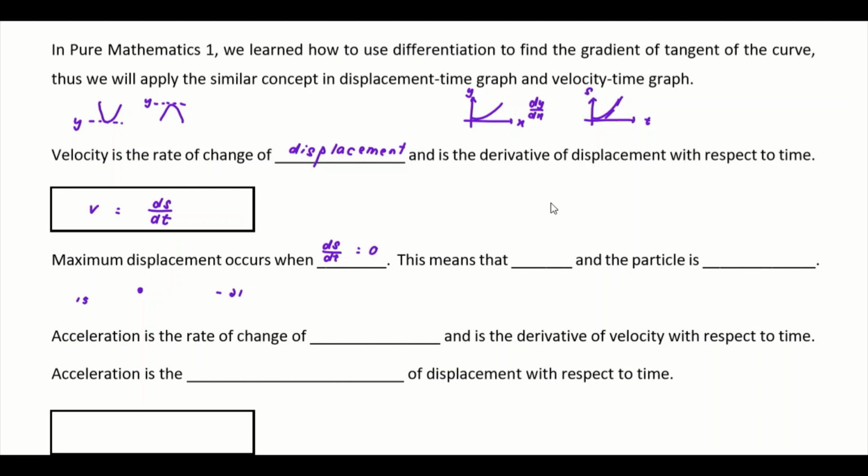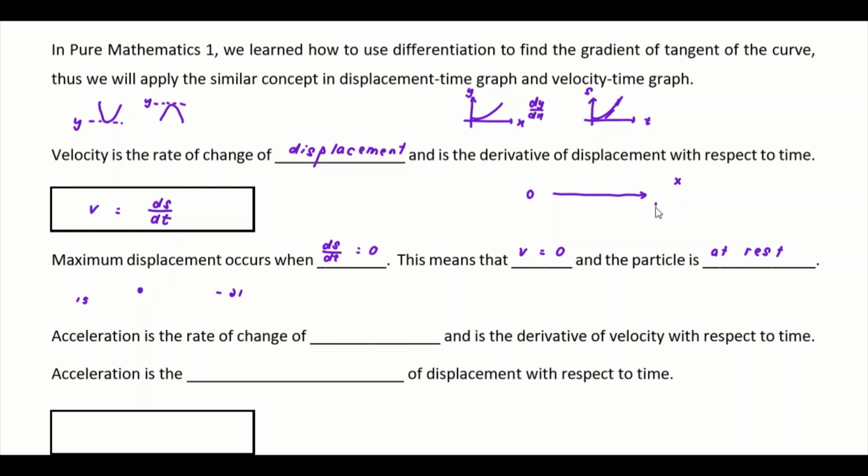All right. So this means that if ds dt is 0, then v is equal to 0 and the particle is actually at rest. It makes sense: if this is my object, when it starts to move until the maximum displacement, what is going on with the particle?